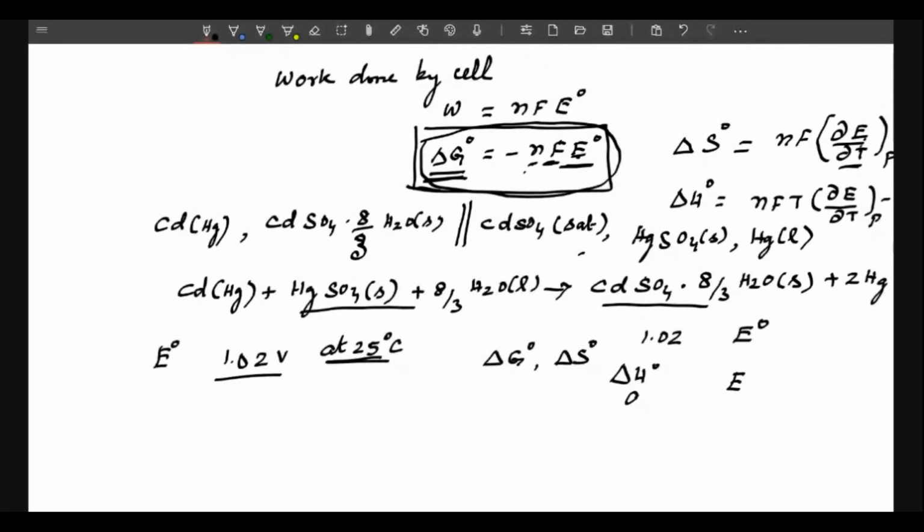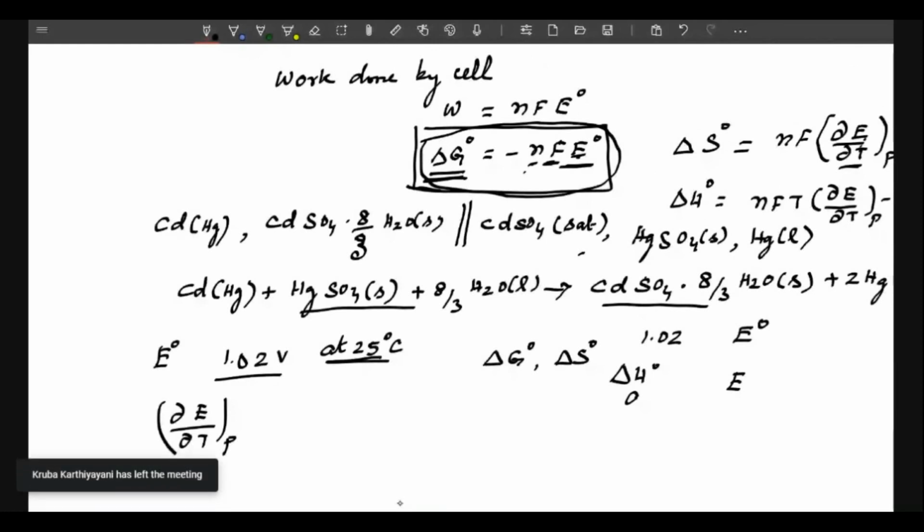If dou E by dou T at constant pressure for the cell is 5 into 10 power minus 4 volt per Kelvin. That is so much voltage change per 1 degree change in the temperature. Okay, this is a direct question. It is not asked in the CSIR questions, but using this, how you can calculate this one, then we will go for CSIR questions.